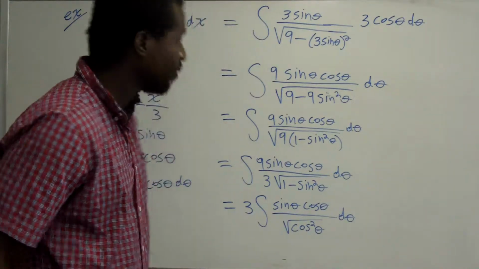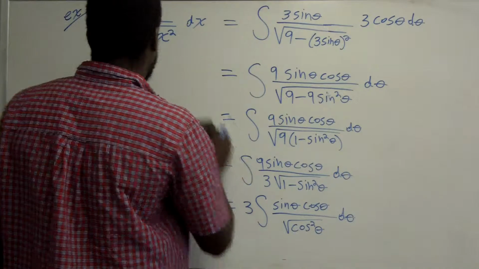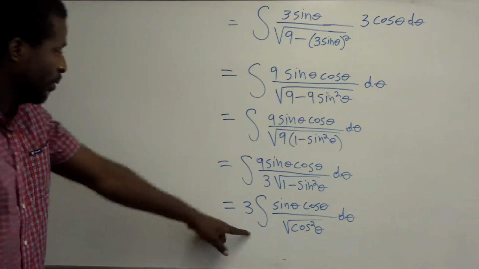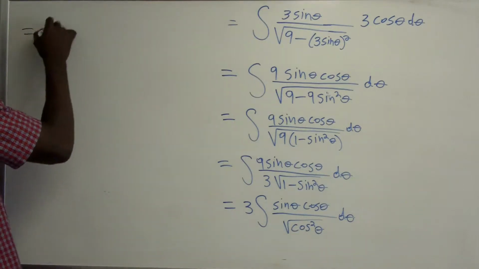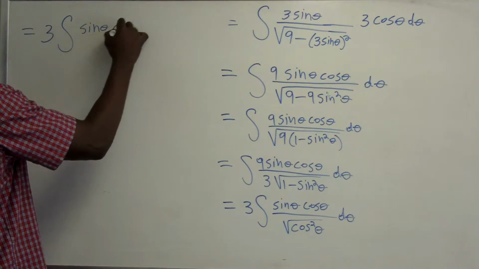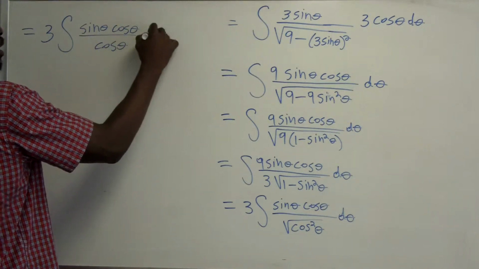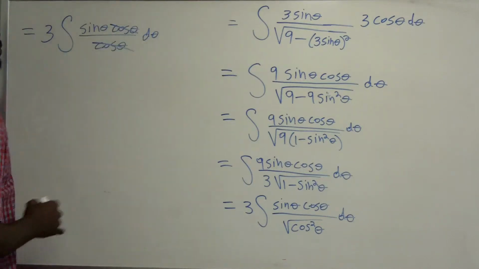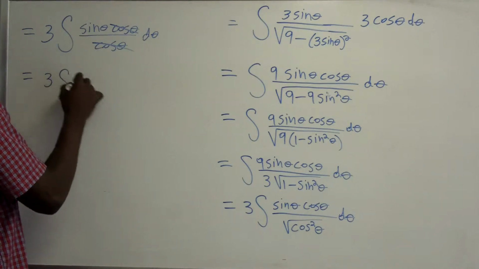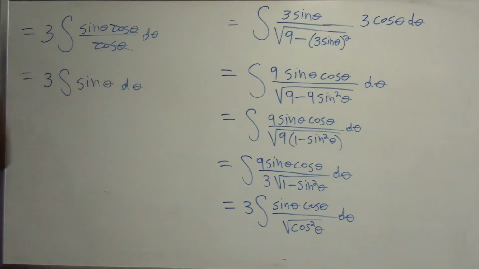So this is what I actually have now. This is equal to 3 times the integral of the sine of theta cosine of theta over the cosine of theta d theta. These just cancel out, and we get that this is 3 times the integral of the sine of theta d theta. A relatively easy integral to do.